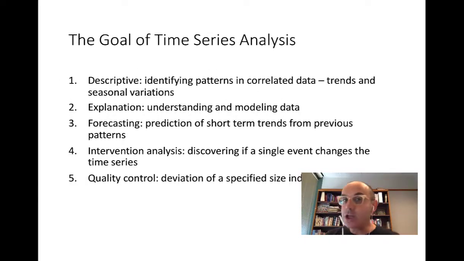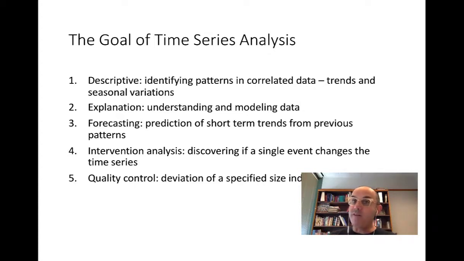So what is the goal of time series? We have at least five objectives. First of all, the first objective is descriptive. We need to identify patterns in correlated data, trends and seasonal variation, with regard to the data and its variables and how they apply.